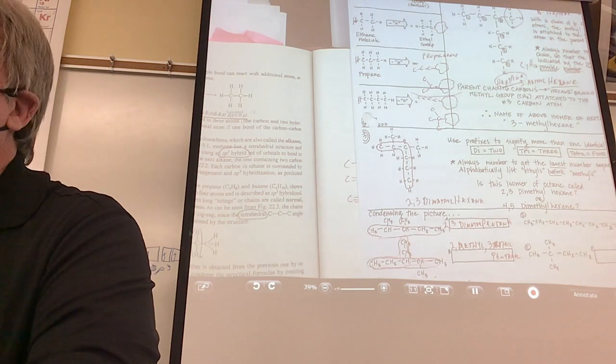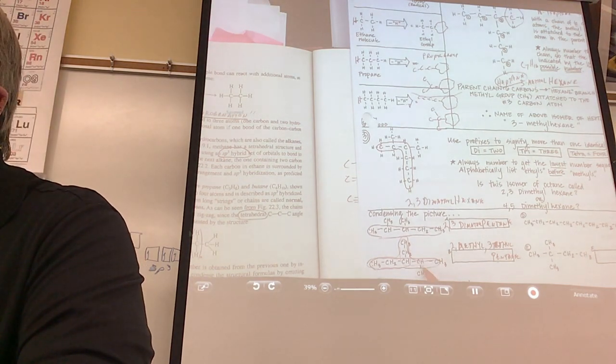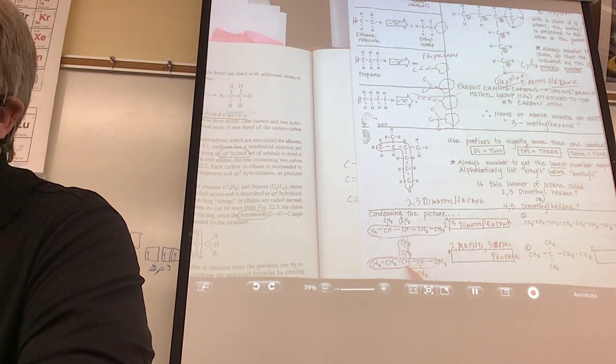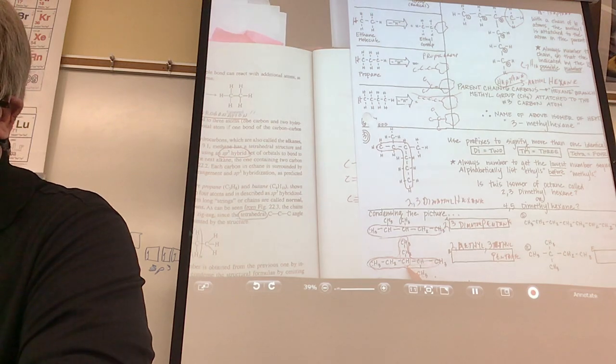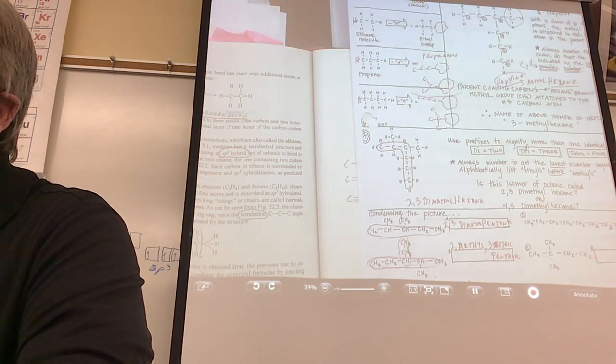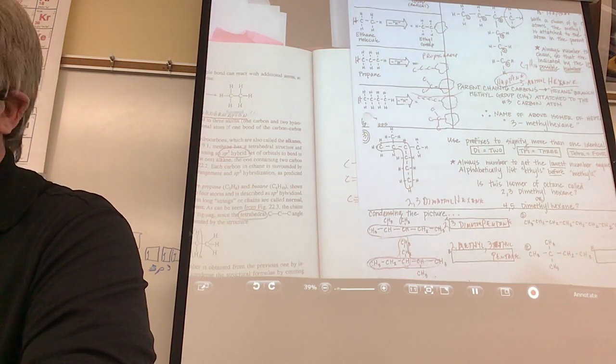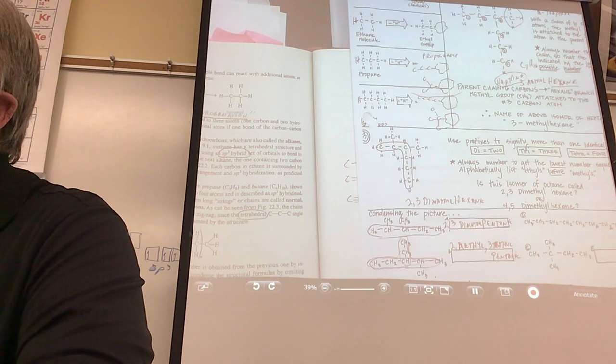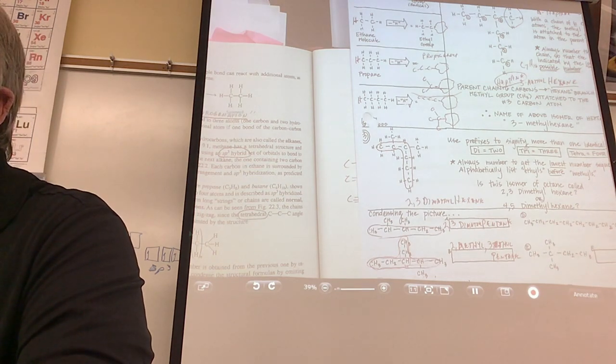Now, one thing I haven't mentioned to you is, what if I put the methyl branch on the same carbon as the ethyl branch? What happens there is, if they're on the same one, then they like to use alphabetical order. So they would say 2-ethyl-2-methyl. You get that?